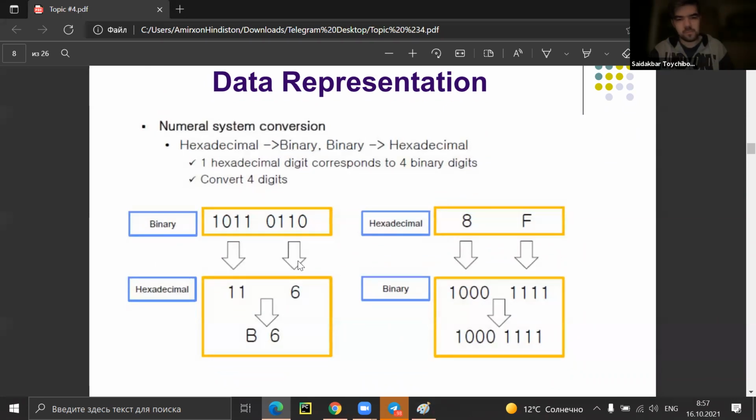One hexadecimal number corresponds to 4 binary numbers. So we should divide into 2 parts, 4 numbers and 4 numbers. If you have 5 numbers, the first 4 numbers will be the first part, and the other numbers will be the second part, and you can add zeros to the beginning of this number.